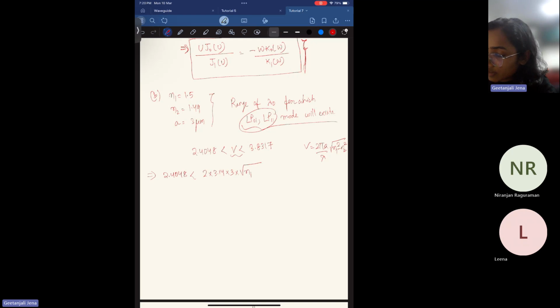Okay, so let me calculate it. Lambda, 3.8317.